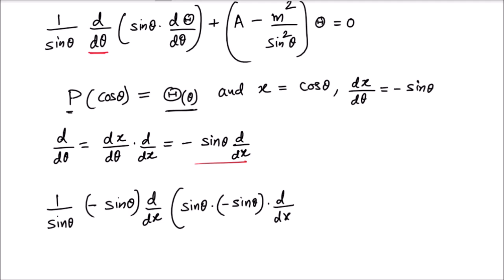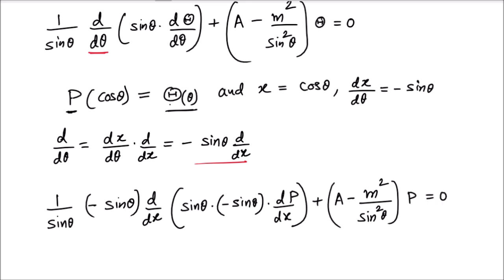Instead of the function of theta, we now write P, the function of cos theta, plus a minus m square upon sin square theta into P equal to 0, right?